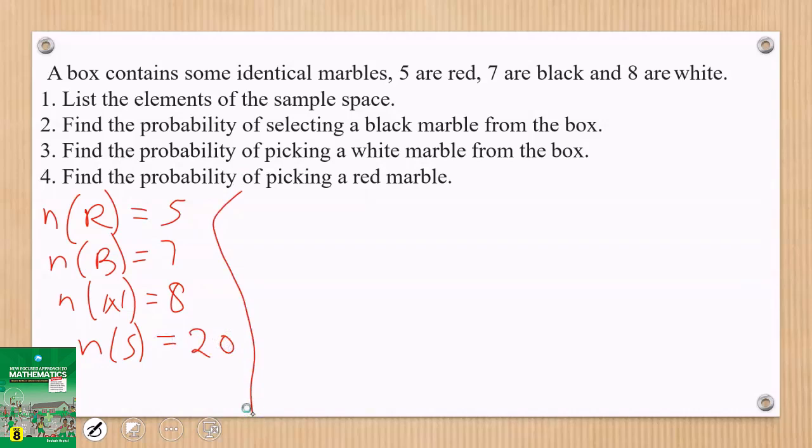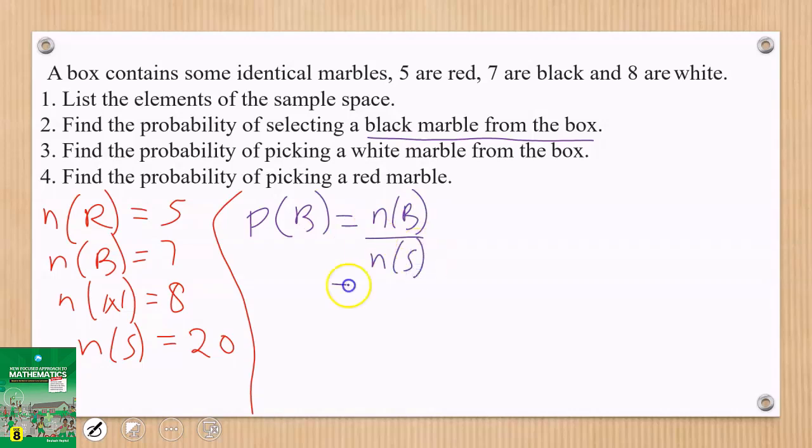Right. Now we want to find the probability of selecting a black marble from the box. The probability of selecting black will be equal to the number of black in the box over the number of sample space. So the number of black we have is 7, sample space is 20. And since we can't reduce this to the lowest form, we leave our answer as such.